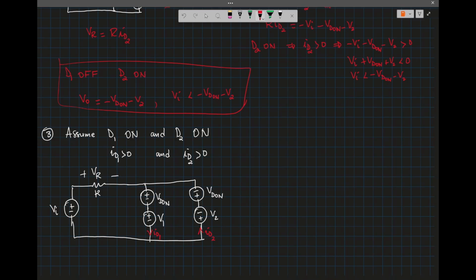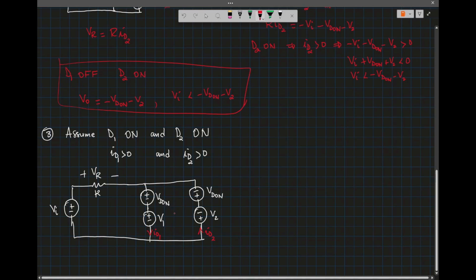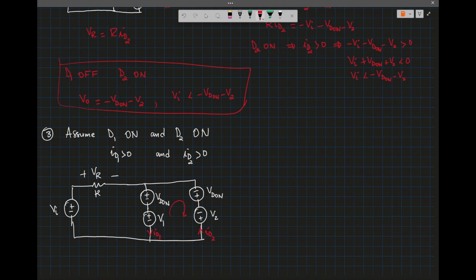Now those are the conditions, right? So ID1 and ID2 will be positive. Now I'm going to write KVL around this loop to see if this condition can be met.